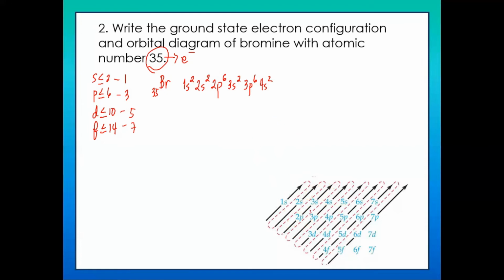Okay, after 4s, next we go down to 3d. d can have a maximum of 10. Since we have 20, can we write the maximum number 10? Yes, because 20 plus 10 is 35... we don't need to be stingy.